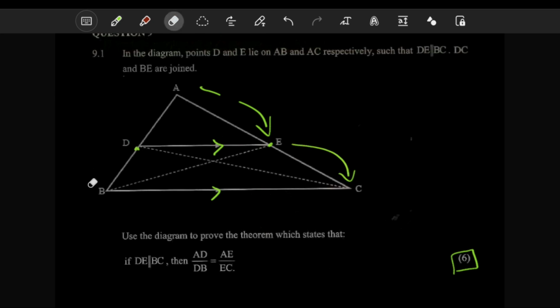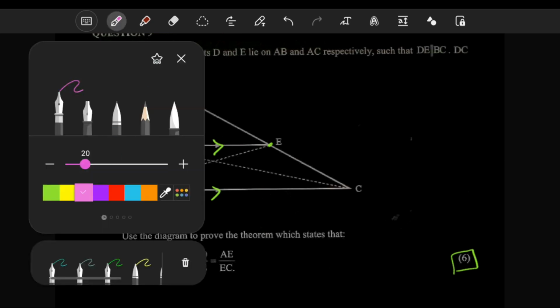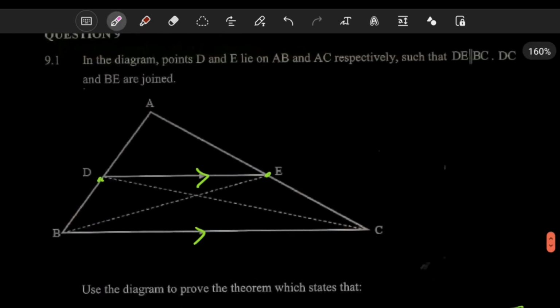So let's remove that so that we don't have too much clutter on our diagram. In terms of you proving what they've just said, it's almost like routine work, this proof. You need to make two constructions.